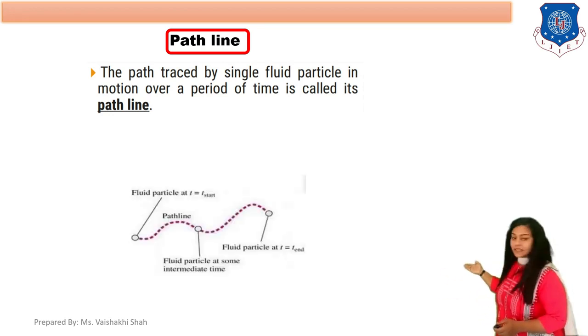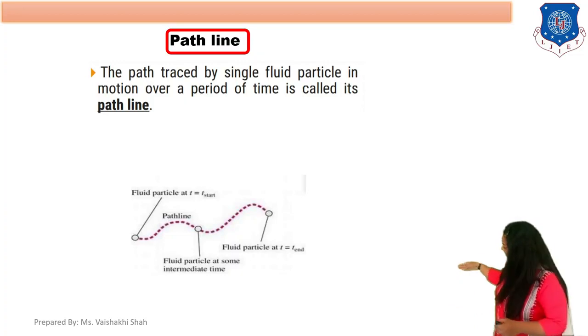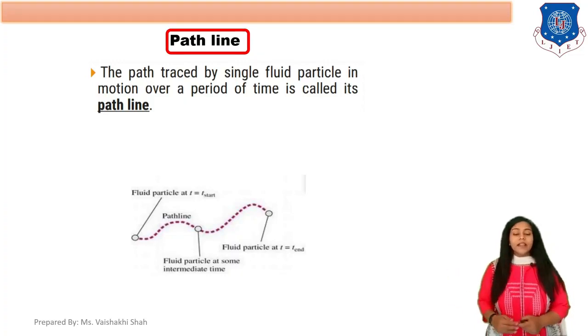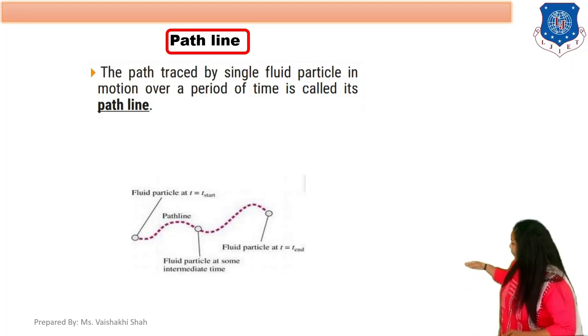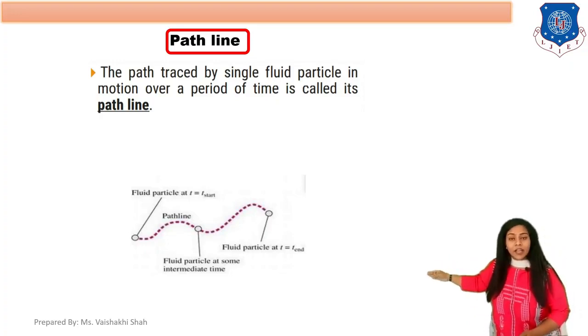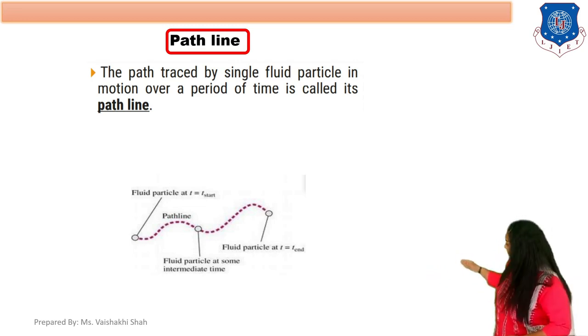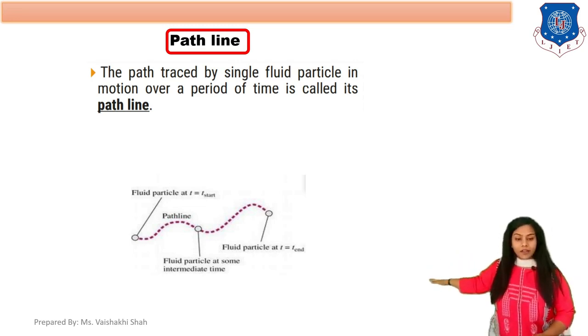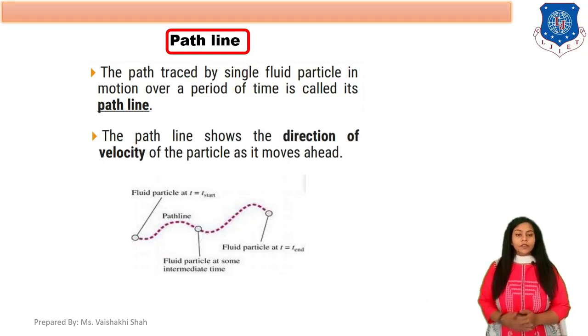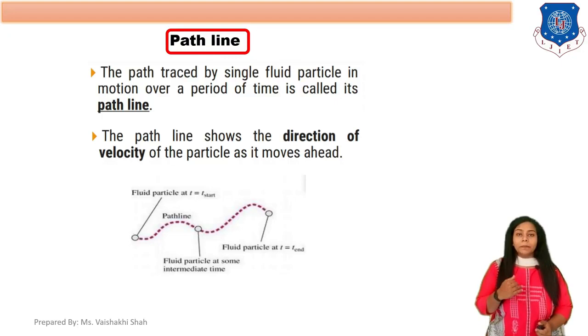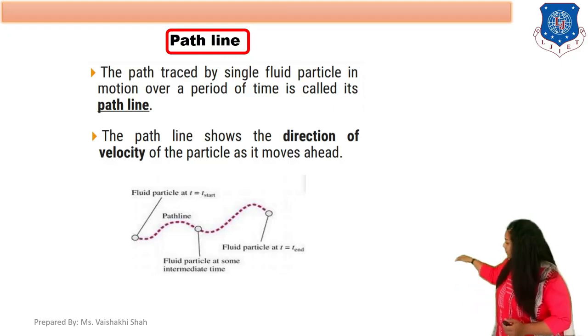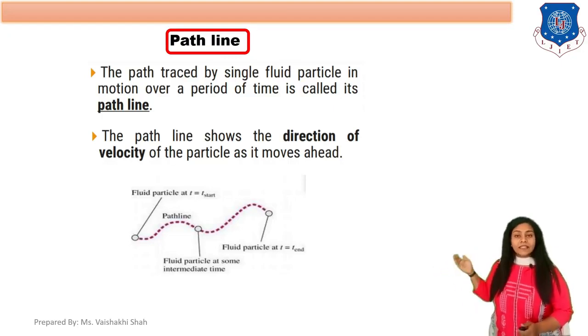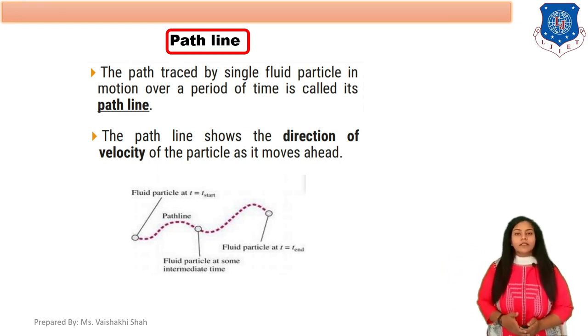As you can see in this diagram, the line indicated with pink color is your path line. Any fluid particle moving on this line is moving along the path line. The path line shows the direction of velocity of the particle as it moves ahead. Clear? So the first line was our path line.